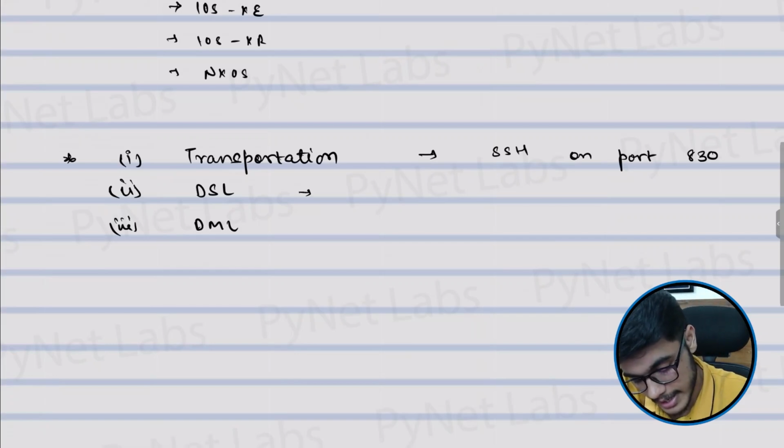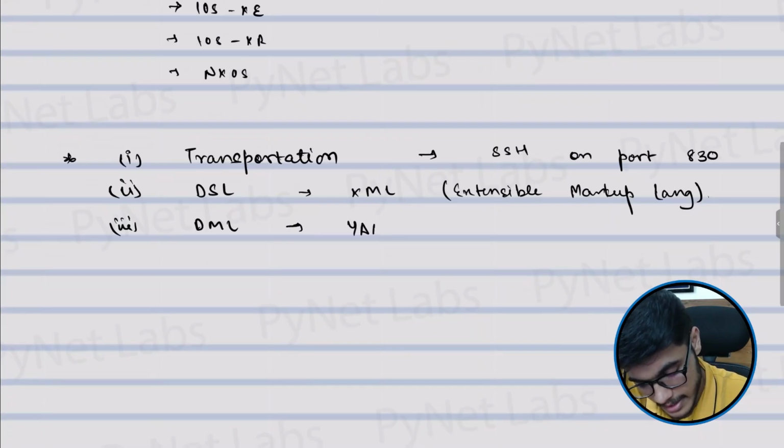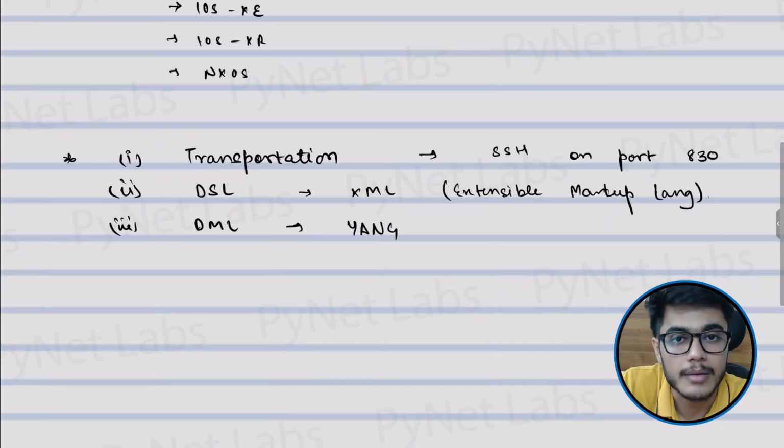The data structuring language that NETCONF uses is XML, which stands for Extensible Markup Language. We'll talk more about it in detail in the video today. Then we have the data modeling language, YANG, which is used for writing data models, which are further used for verifying if the data sent to the device is correct or not.